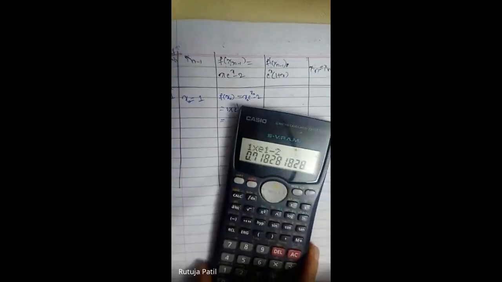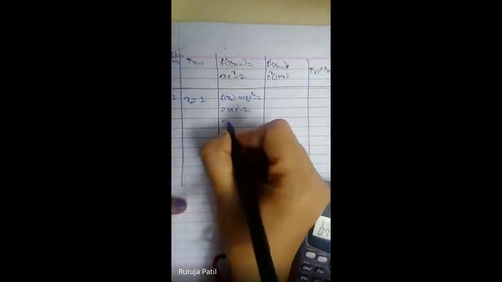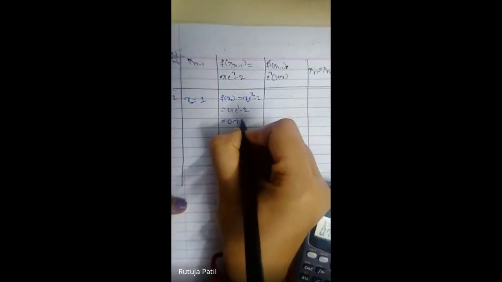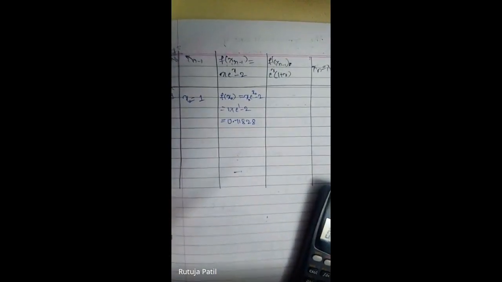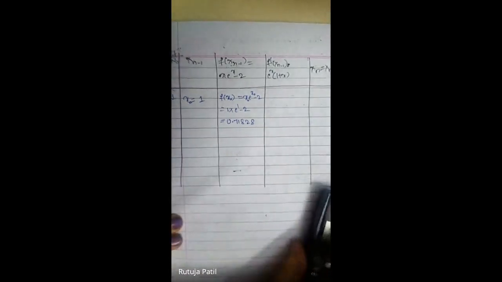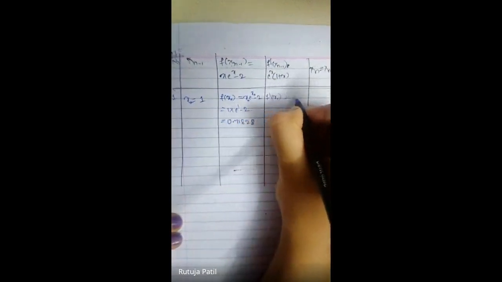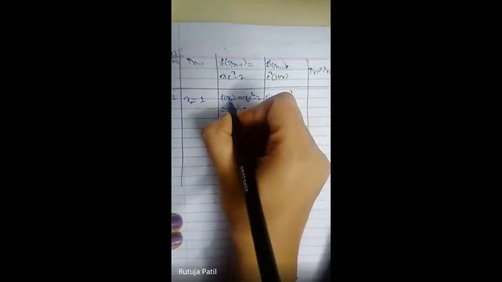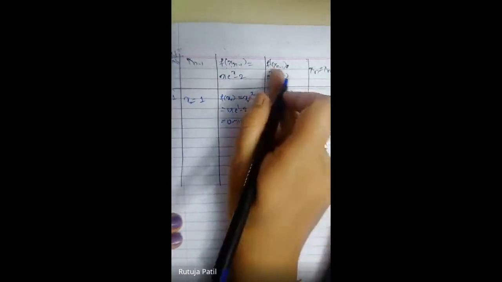How much have we got? 0.71828. Now next, find the f dash of x naught, that is this one, e to the power x into 1 plus x. It's x naught only, because still it is xn minus 1.